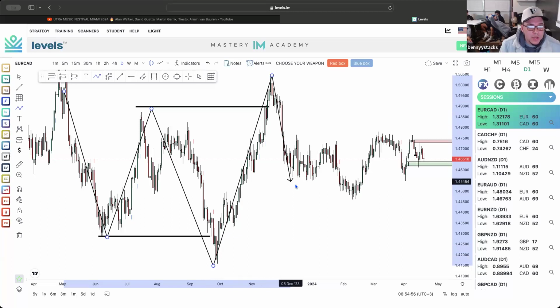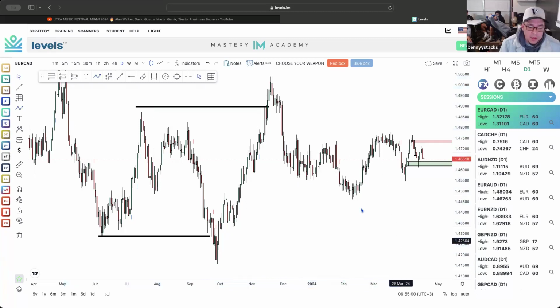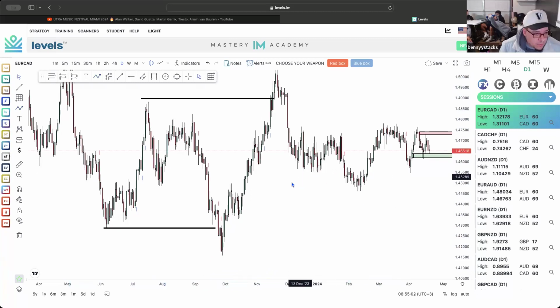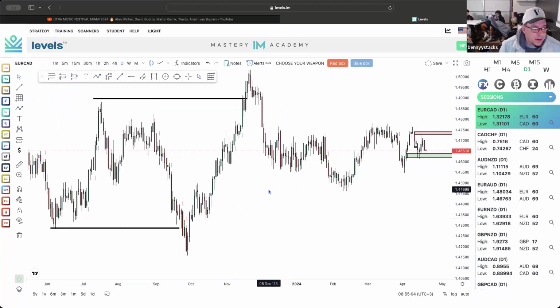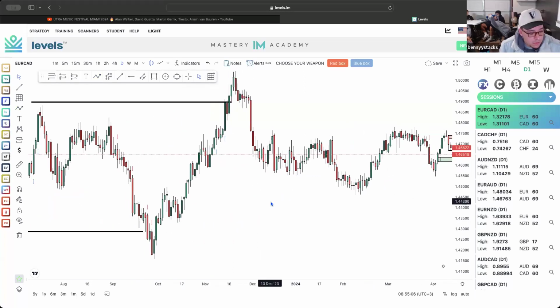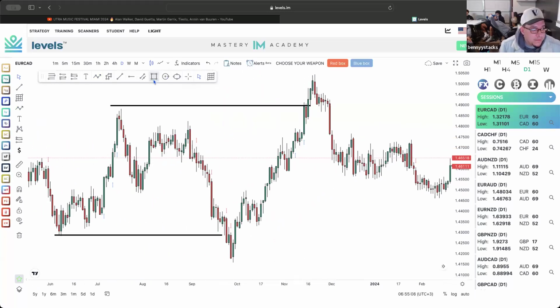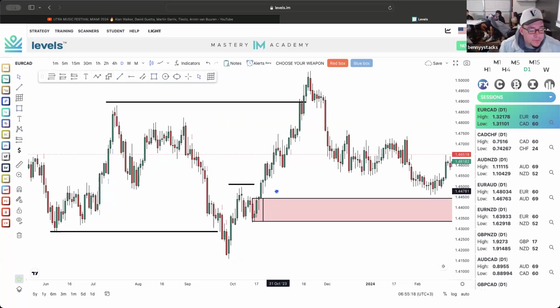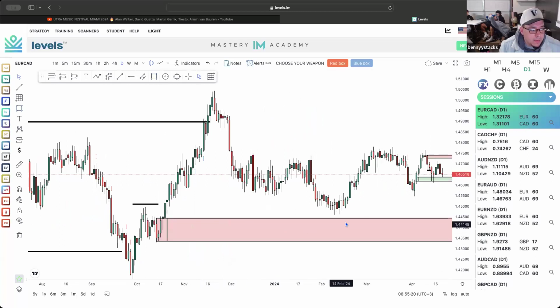And it's taking its sweet time coming back, consolidating, taking its sweet time coming back. So let's just take a look at what we could find here. We have a breakout here, BOS, so I should have a starting point right here.